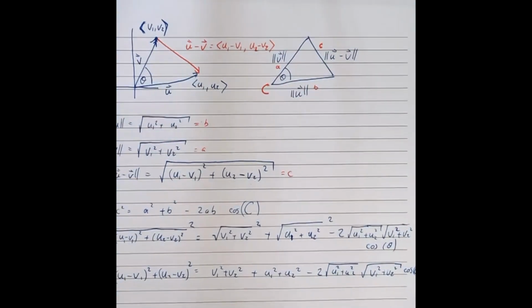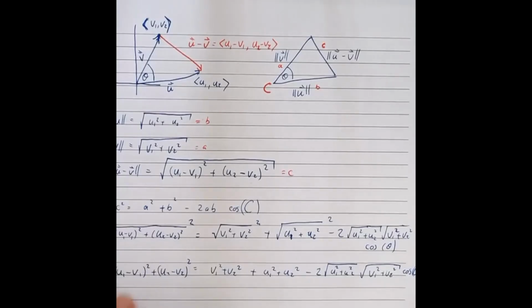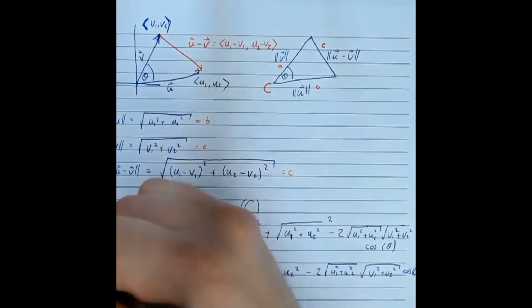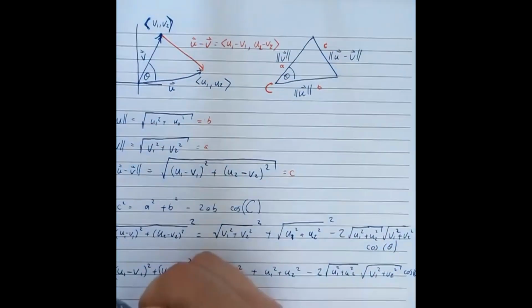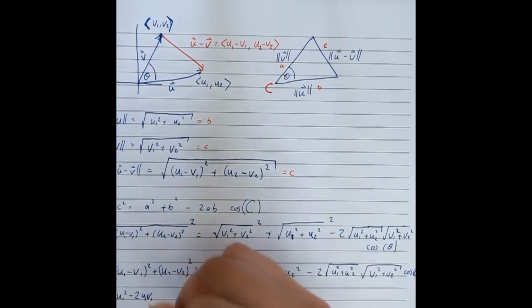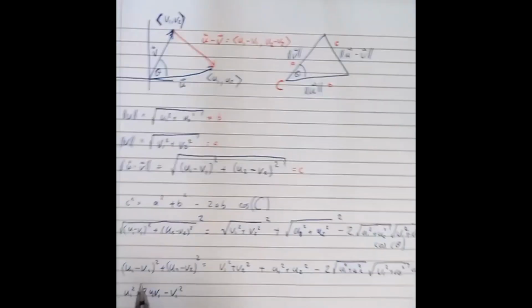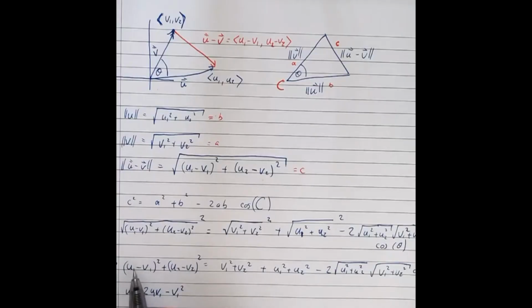Okay, so now I can actually square this out. This is a binomial. I can square it out. So if I square this one, it's going to give me u1 squared minus 2u1v1 plus v1 squared. Remember, when you square a binomial, you don't just square each number. You've got to take u minus v times another u minus v, and that'll give us this one. Plus, now I'm going to do it to this one as well.